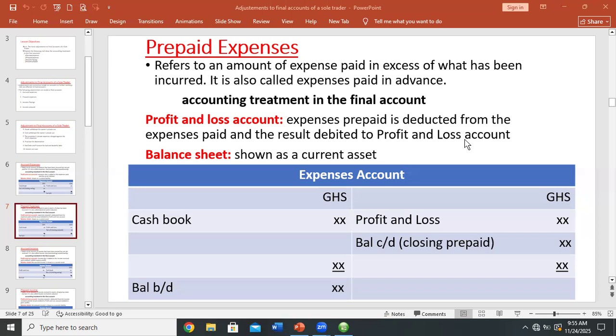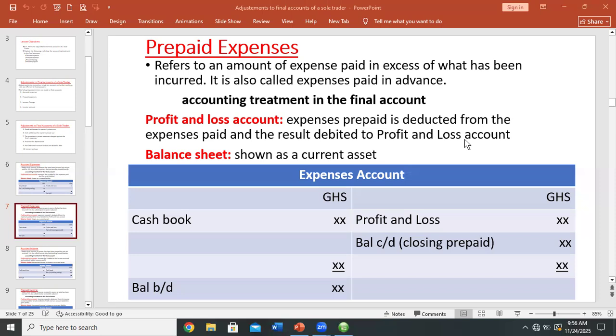Okay, so in your final account, if you are preparing your profit and loss, if you write rent in your profit and loss account as expense, the amount you are supposed to quote there is 1,200, not 2,000. Because the 1,200 is the actual rent for that year.